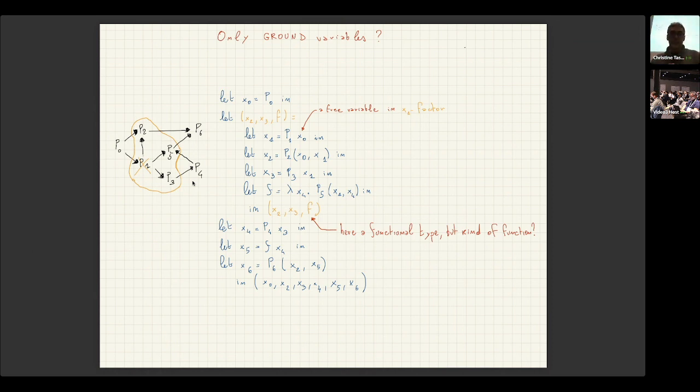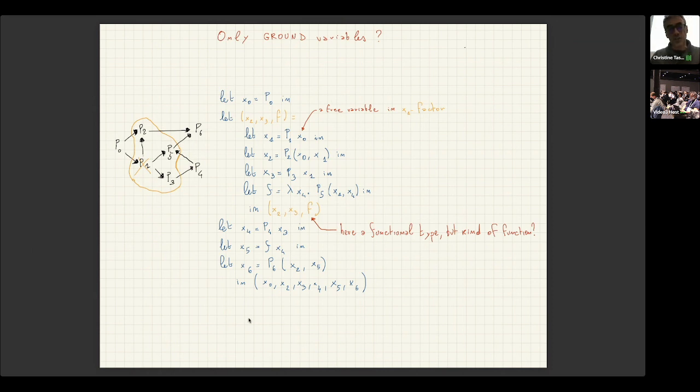And in order to represent it in our syntax of let terms, we need to introduce a variable f, which is actually a function, so a functional variable, which describes the possibility of computing P5 once we know the variable that we still do not know, which is x4, which depends on the other variable that is given by this factor, that is x3.